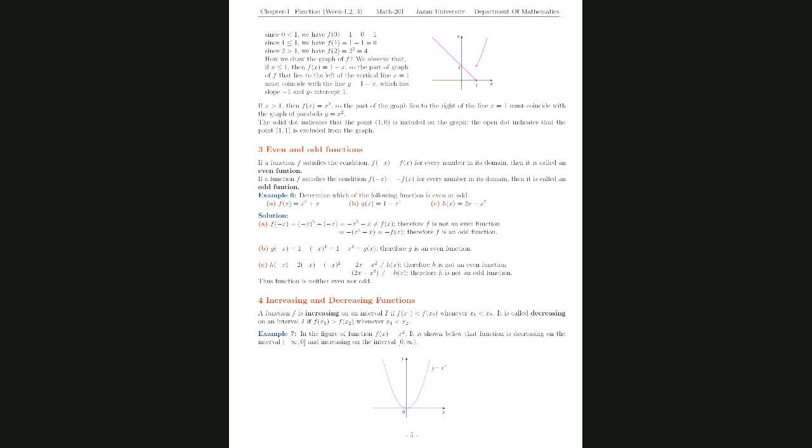This is g(x). So g of minus x equals g(x), and this is the condition for an even function, so therefore g is an even function, right?